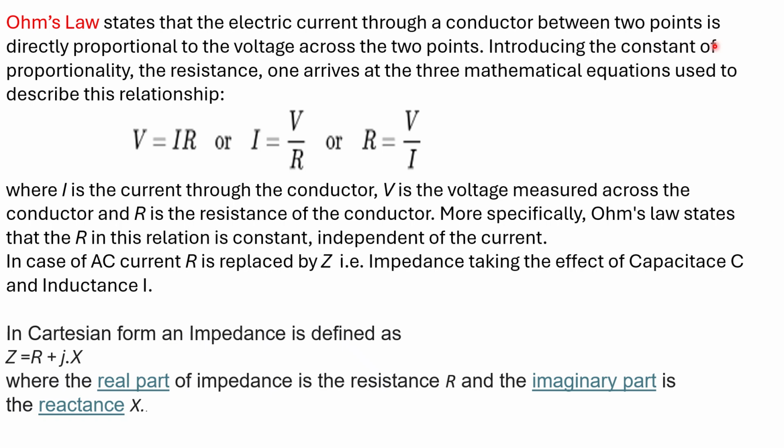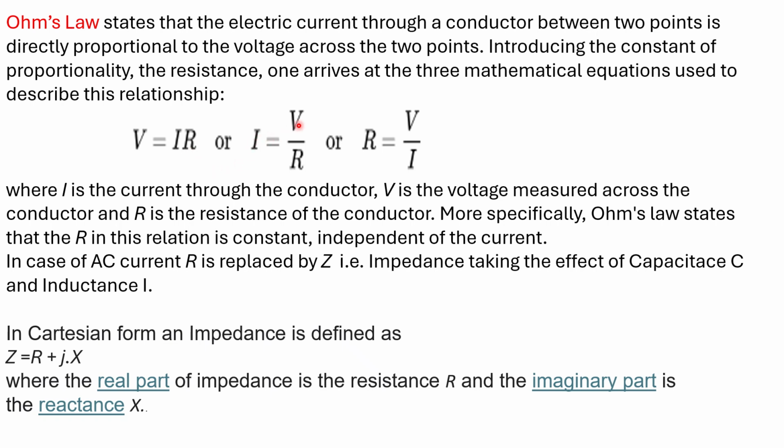Introducing the constant of proportionality, the resistance, represented by R, one arrives at the three mathematical equations used to describe the relationship. It is V equal to I into R, voltage equal to current into load resistance R.